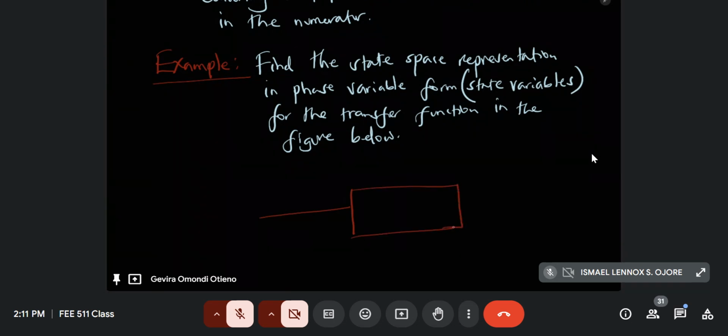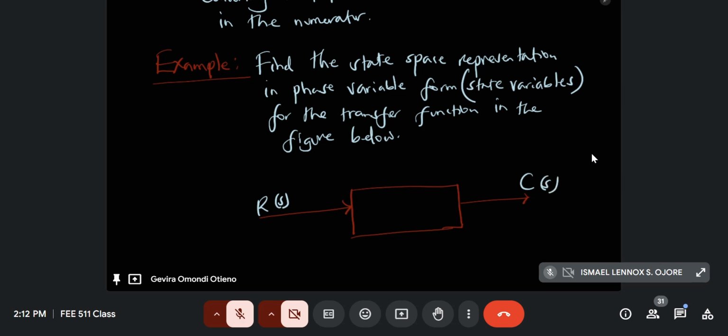This is a feed forward transfer function that's given. It is provided as the input R of S, and the output C of S. For uniformity, I'll use R of S as the input and C of S as the output.